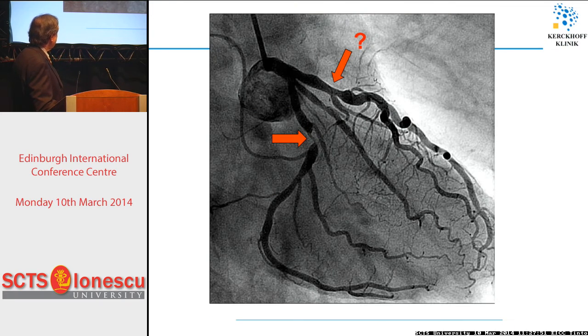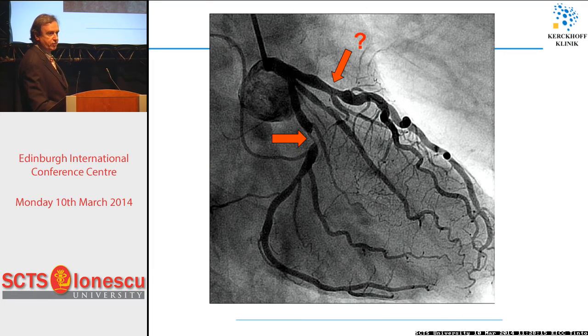Like here, this patient with a double vessel disease: at first sight, this high-grade lesion probably doesn't need FFR. This is most likely to have an abnormal FFR. But about this LAD lesion, we really don't know whether this is really significant, whether it has an abnormal FFR.